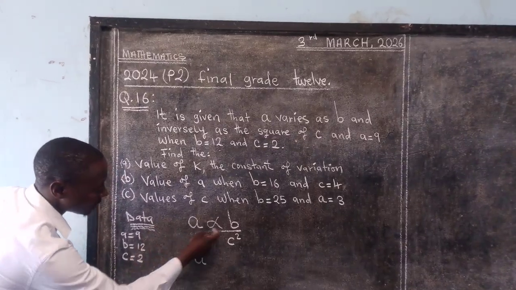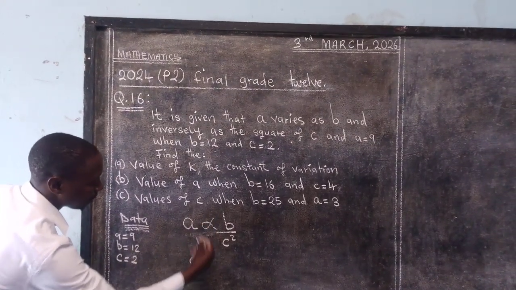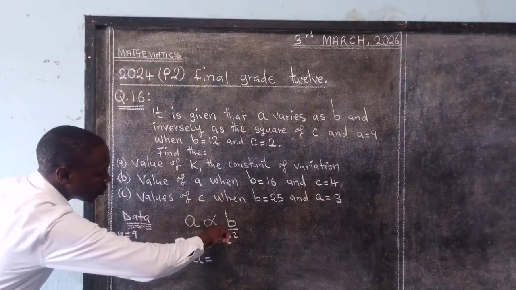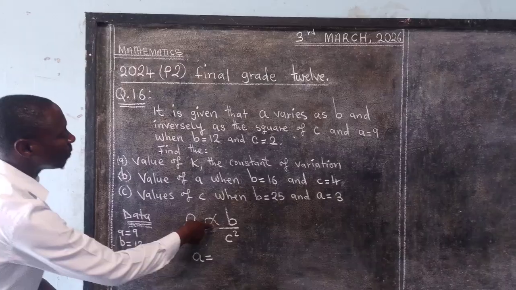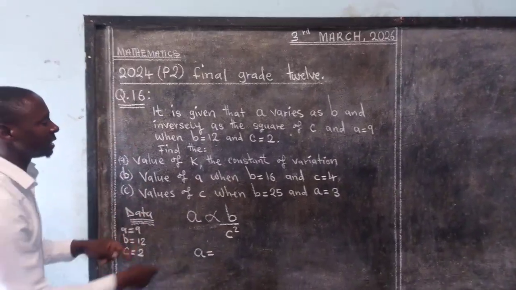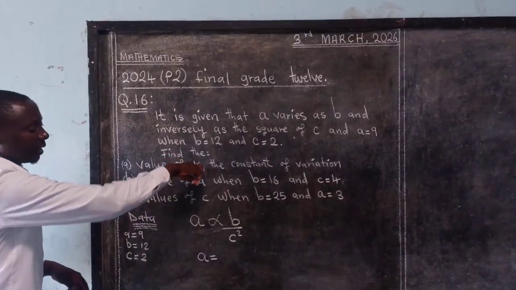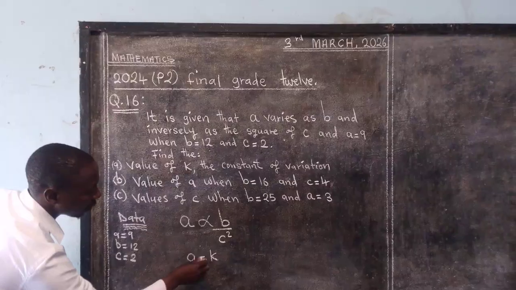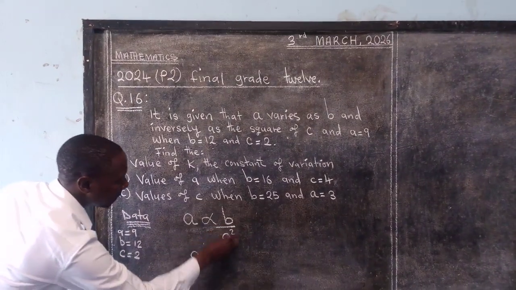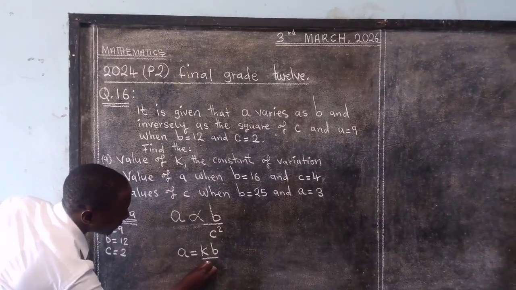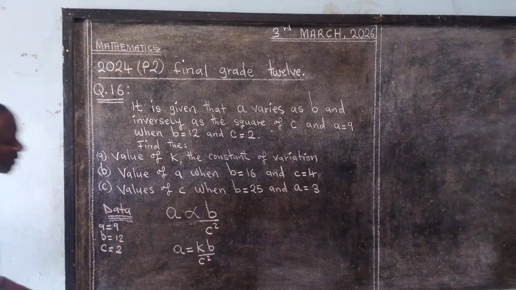So here we are going to say A. Immediately we put equals, the values will disappear. A is equals to, then this one should disappear. We need to replace it with what? Constant. Our constant is K. A is equals to constant B over C squared.